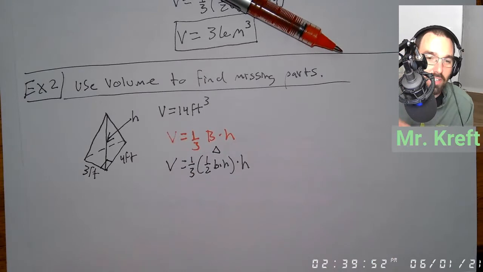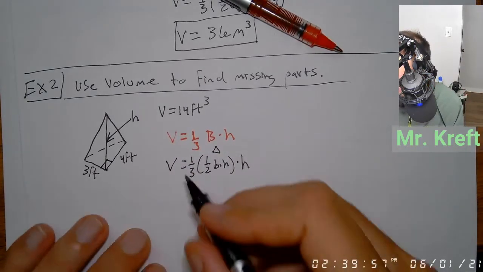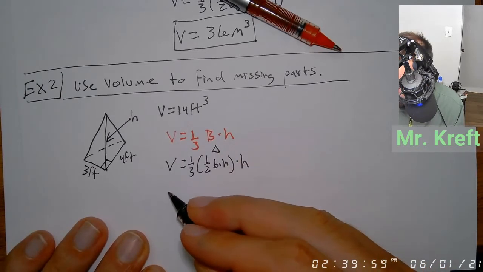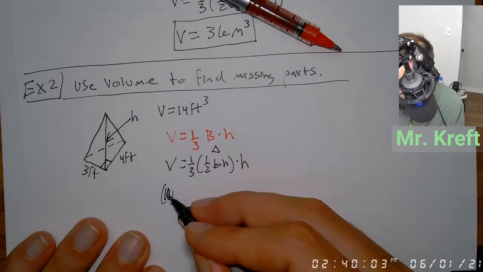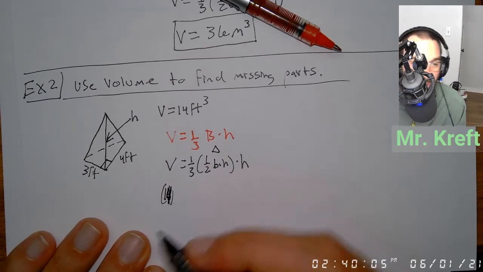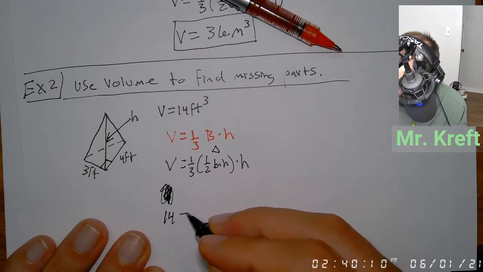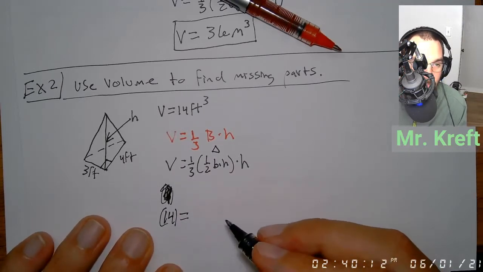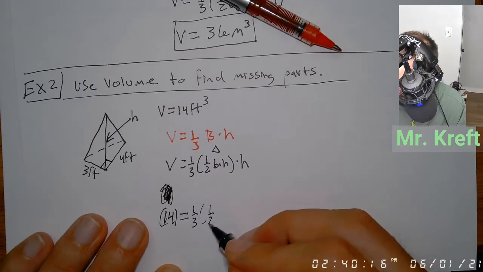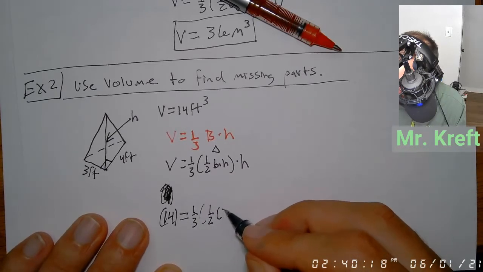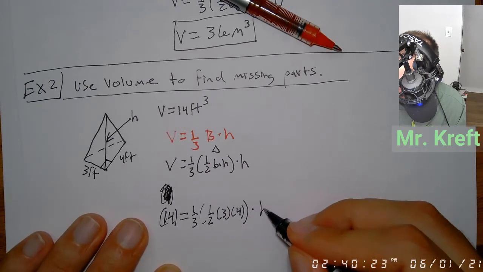So what we're going to do is fill in our missing information. So volume equals 14. Okay, let's start over. 14 feet cubed equals 1/3, and then I have 1/2, and then I have 3 times 4, and then I don't know the height.